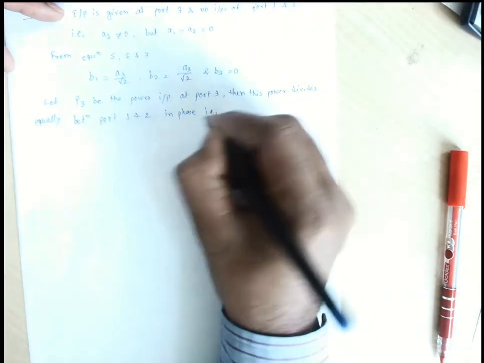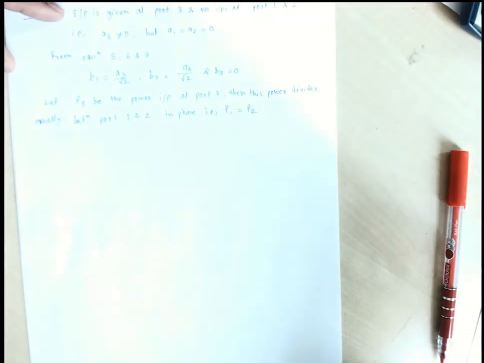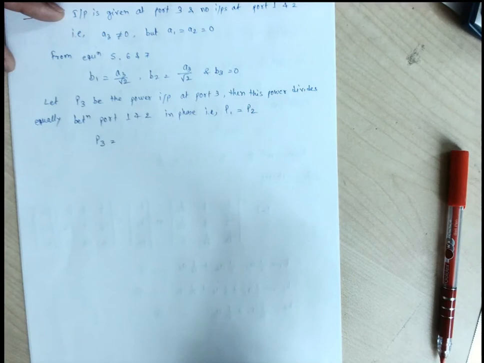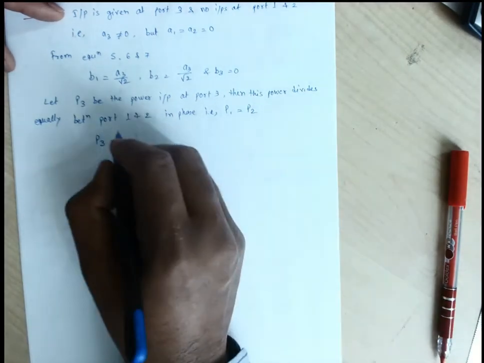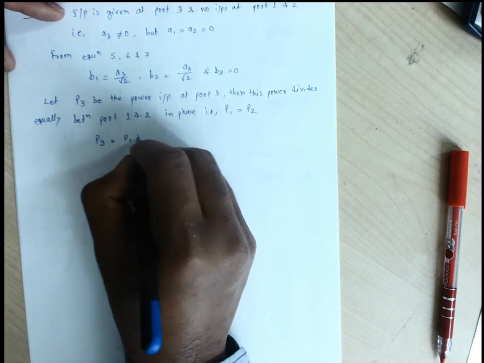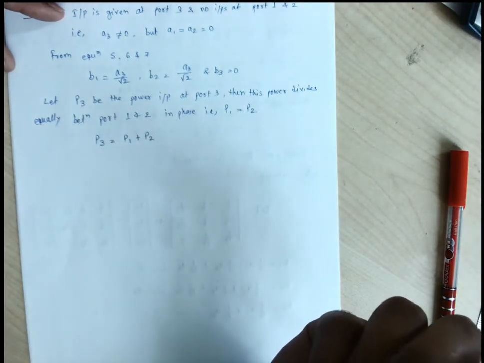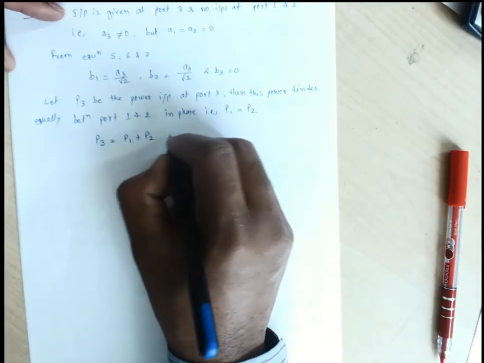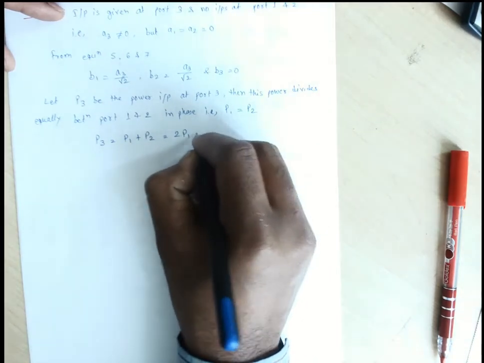That is, P1 is equal to P2. So what we can say is this P3, which is given at port 3, is equal to the power which is divided in the other two ports, that is P1 plus P2. So this P1 and P2 are the same, so we can say this is either twice of P1 or twice of P2.